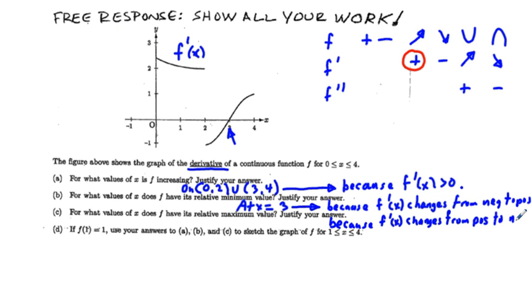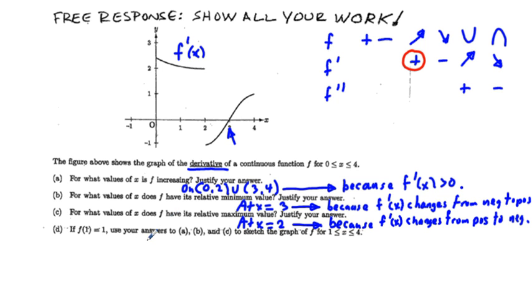And where do we see that? We see that right here, because you're positive, positive, positive, then all of a sudden you're down to negative at 2. So we say at x equals 2, and again, the justification. So for these parts A, B, and C, we wrote the justification in advance.